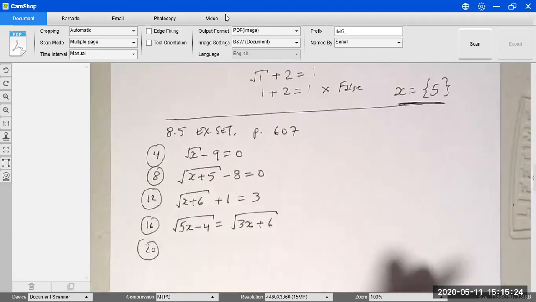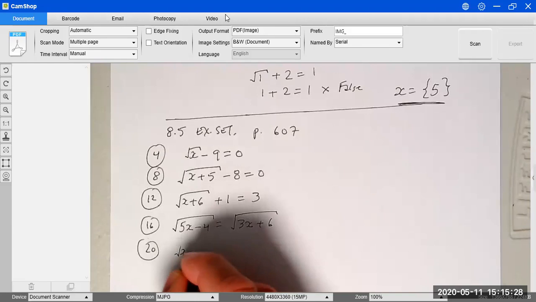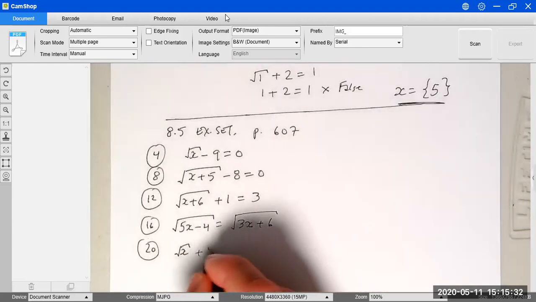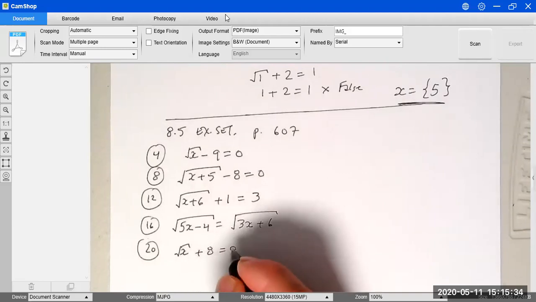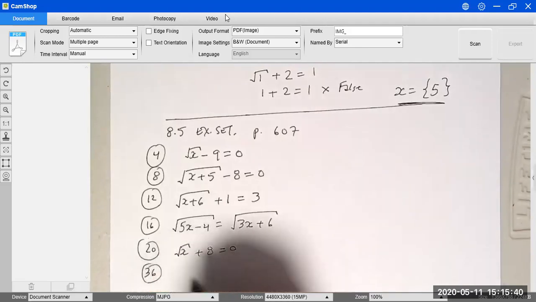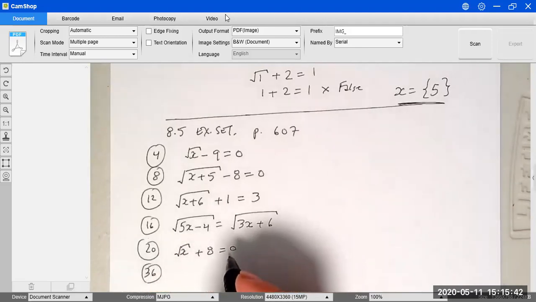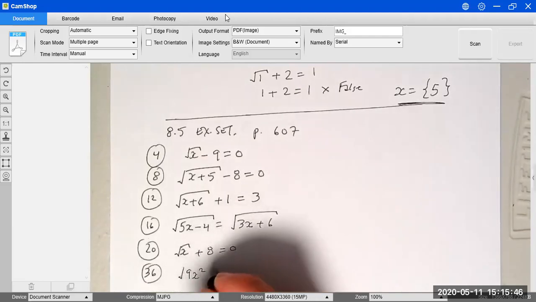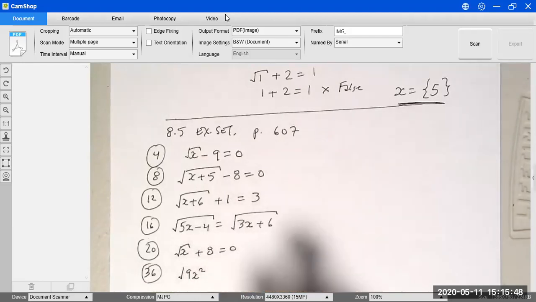Problem 20 is the square root of x plus 8 equals 0. Then we have 36. 36 is the square root of 9x squared minus 2x plus 8.